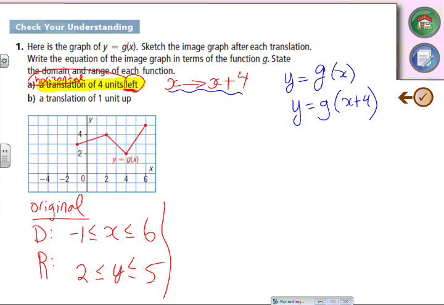The domain and range now is going to be just take our domain and move everything 4 left. So let's take that and move it 4 to the left.